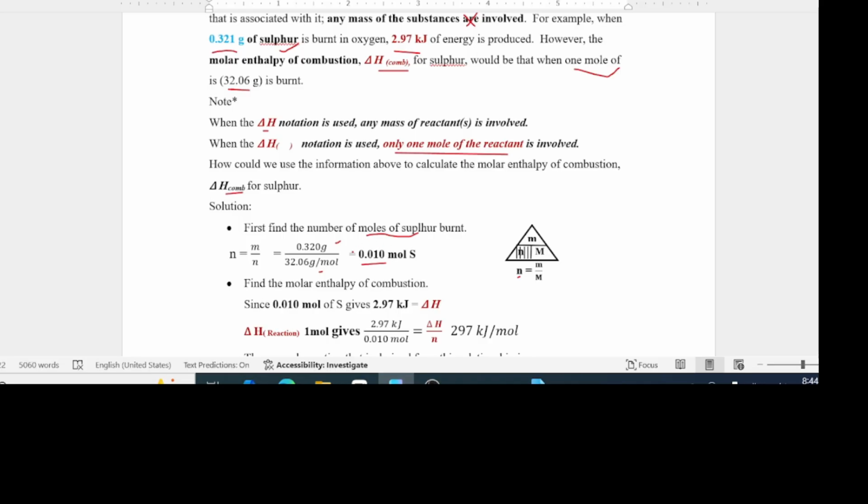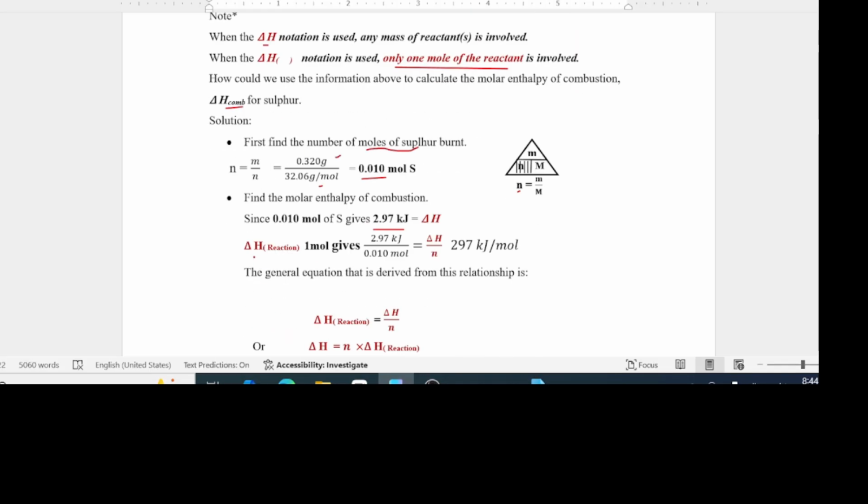Since this amount of sulfur being burned gives that amount of energy, then we can find what it is for 1 mole. So the molar enthalpy of reaction here, specifically its combustion, would be equal to whatever your delta H was, which was this, divided by the number of moles, which is this in this case here, and it works out to be 297 kilojoules per mole of sulfur being burned.